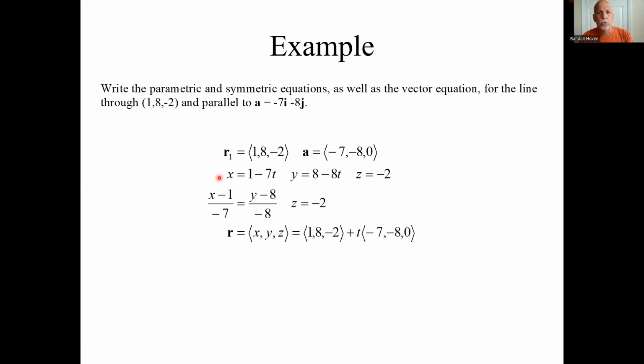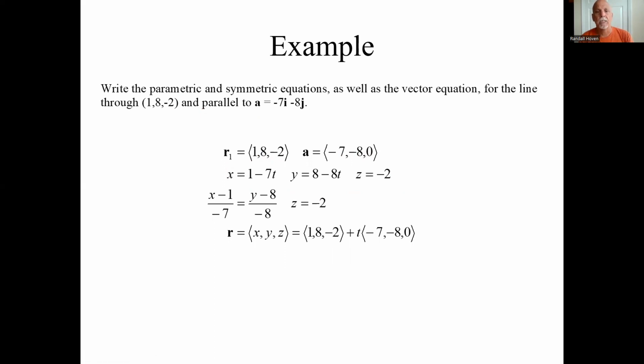For the parametric form, for X, I'll have 1 minus 7t, whatever my parameter is. For Y, it'll be 8 minus 8t. For Z, it'll be minus 2 plus 0t.